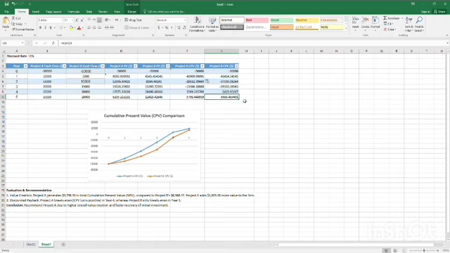Again, we round this off to 47 cents. More importantly, the final cumulative present value at year 5 represents the net present value, or NPV, of each project.